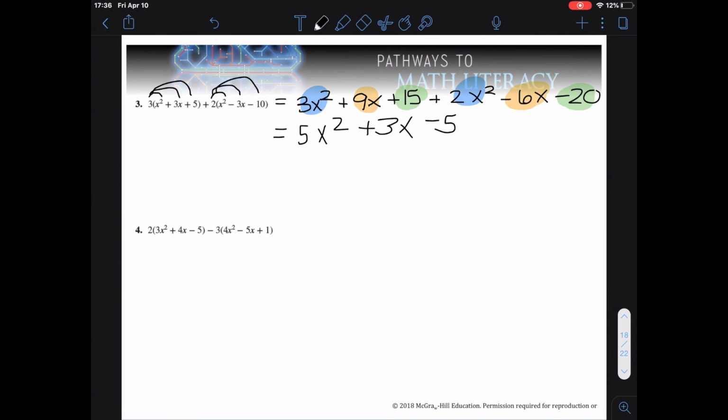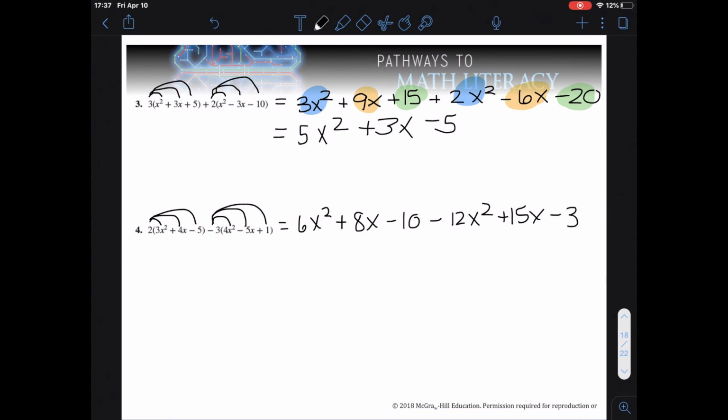And then for this one, we've got to distribute this 2 out, and then we've got to distribute the negative 3. So it's going to change the sign of everything in there. So when you distribute the 2, you get 2 times 3x squared is 6x squared. 2 times 4x is 8x. 2 times negative 5 is negative 10. Now when you distribute that minus 3 times 4x squared is minus 12x squared. Minus 3 times negative 5x gives you a positive 15x.